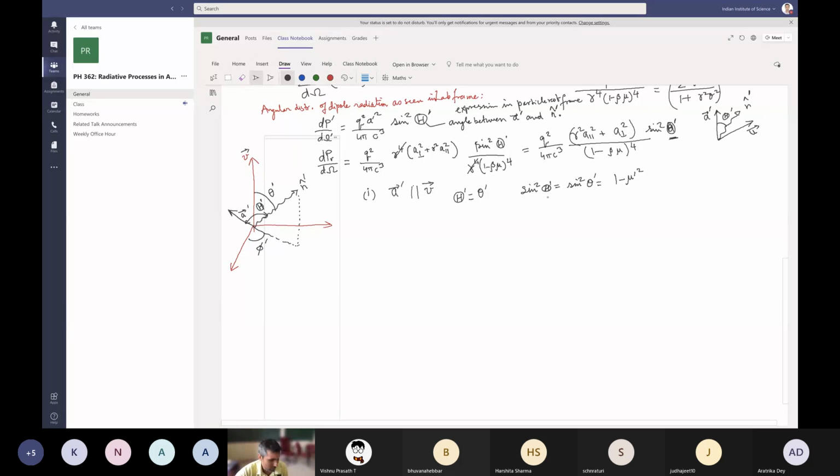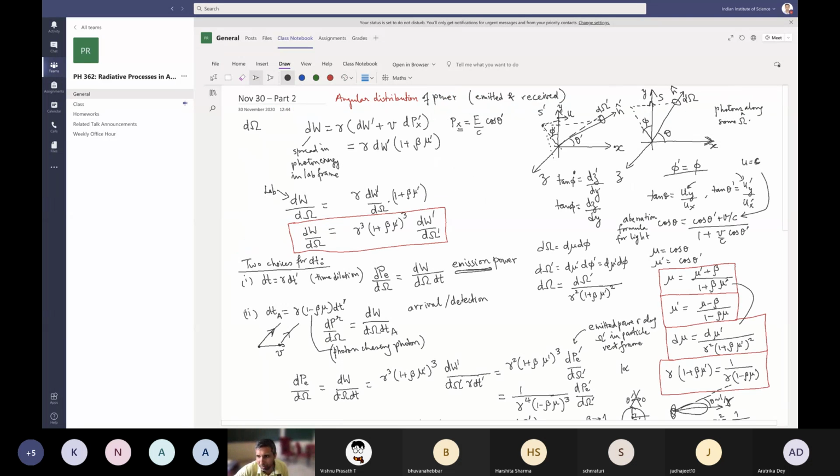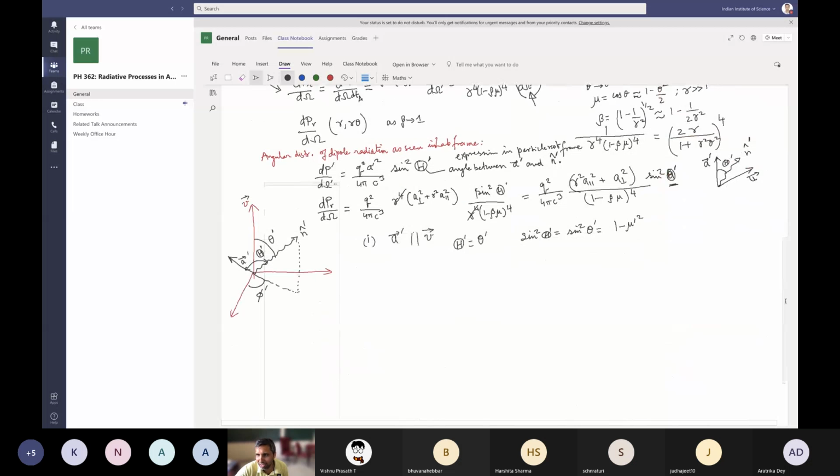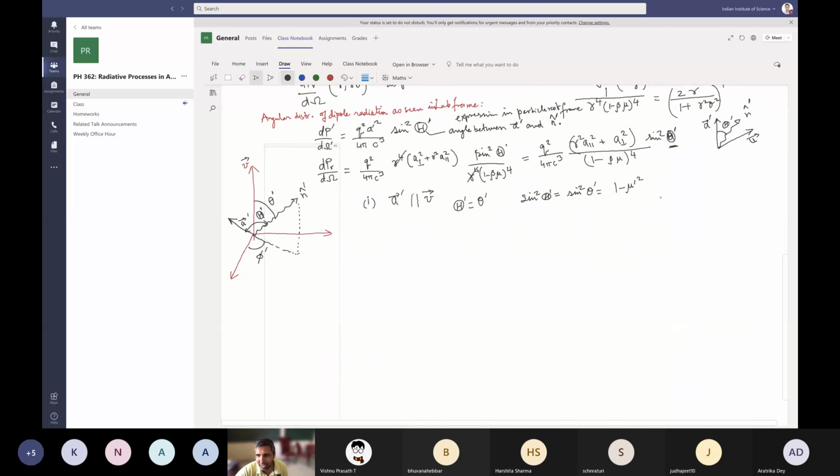So what is that? We have that expression for mu prime here. We can write 1 minus mu prime squared by manipulating this and remembering that beta is v by c and gamma is 1 minus beta squared to the minus a half.